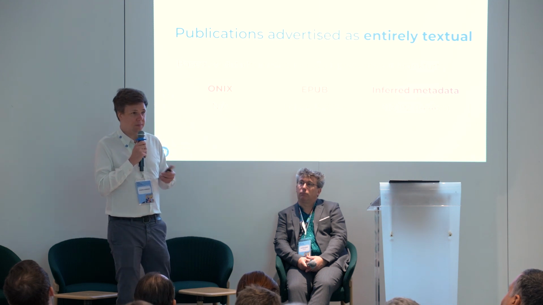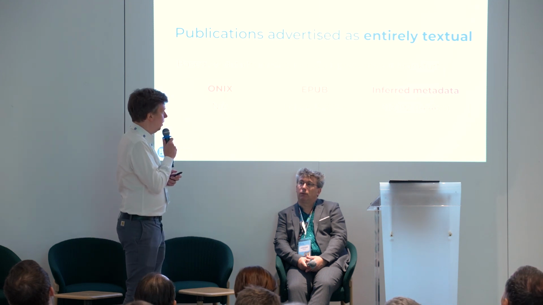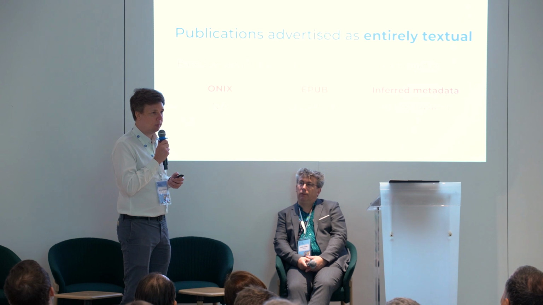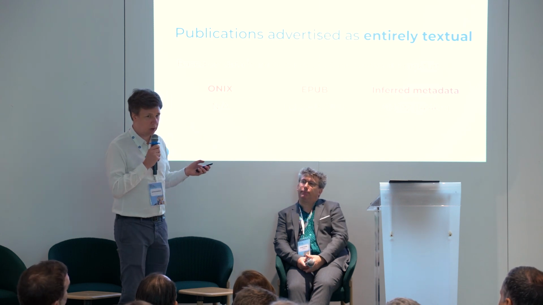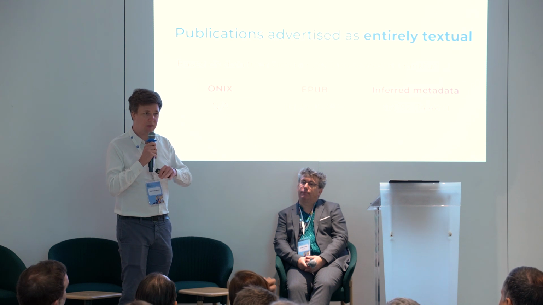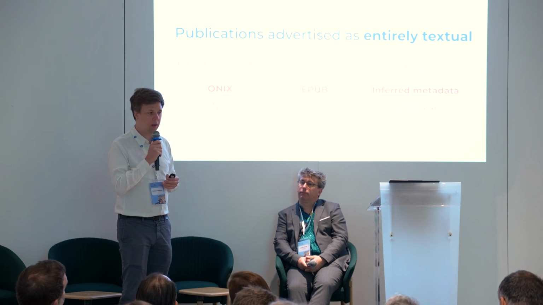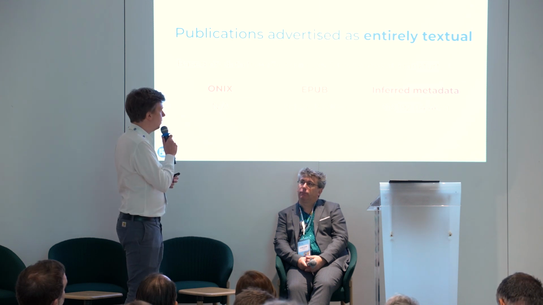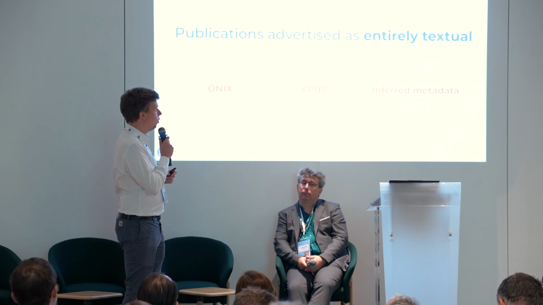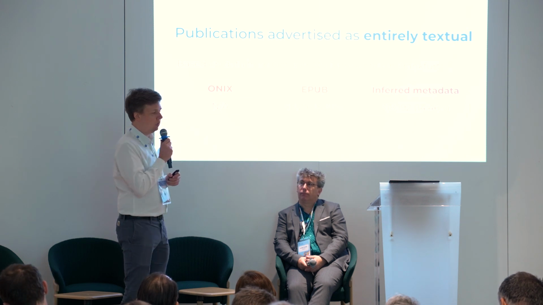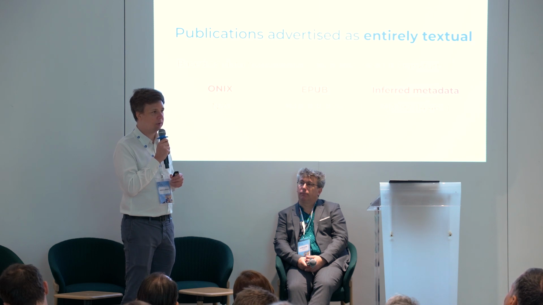So we've also looked at those numbers, and that was quite interesting. Back then, it was not possible in ONIX to send the information that a book is entirely accessible using text. But we actually saw that a bit more than the expected number of EPUBs were sending that information, about 5% of them.